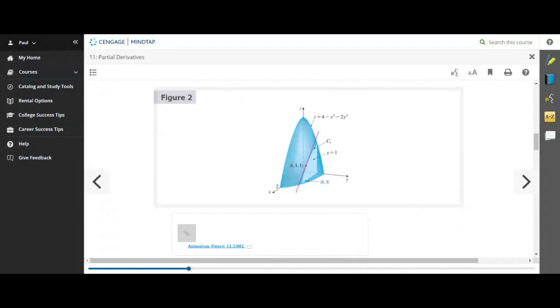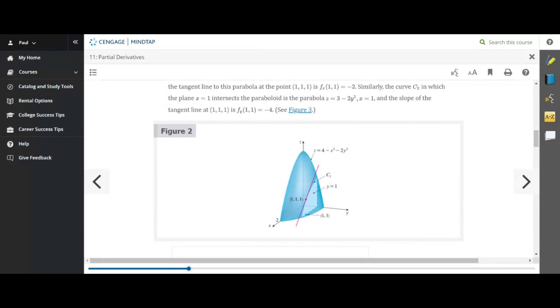In figure 2, they've drawn the surface, and at the point when x is 1 and y is 1, z equals 1. If you substitute x equals 1, y equals 1 into the equation of the surface, z has to equal 1.